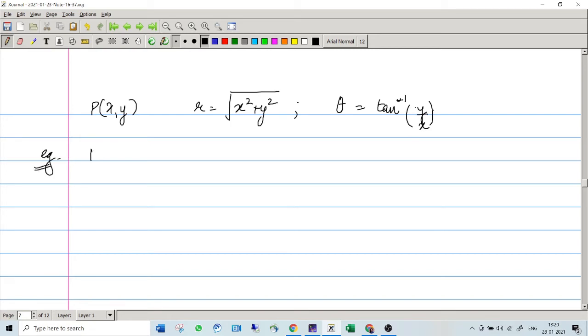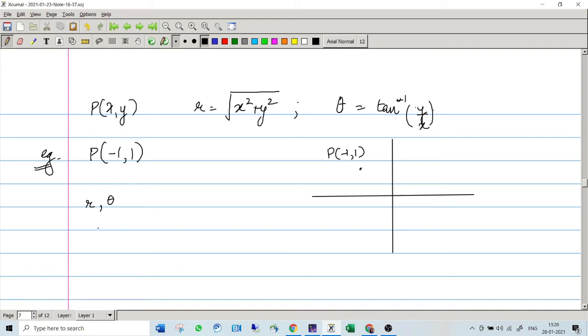Given that P is the point minus 1 comma 1, you need to find the polar coordinates of this point P. So let us first plot the point in the Cartesian plane so that we can have a look. The point minus 1 comma 1 will be here. Right. Let's say this is the point minus 1 comma 1, which is P. So you're interested in finding r and theta so that you can plot this point in terms of the polar coordinates.